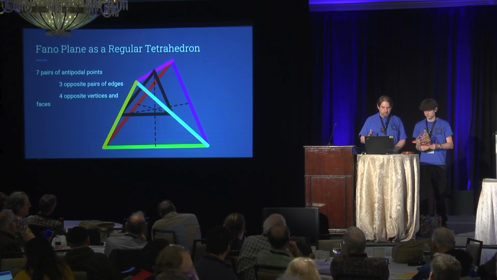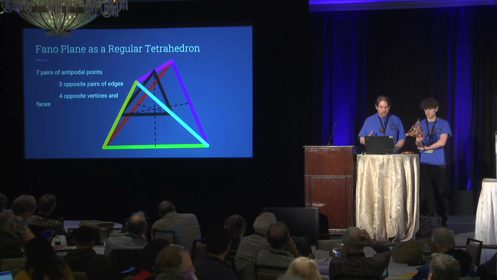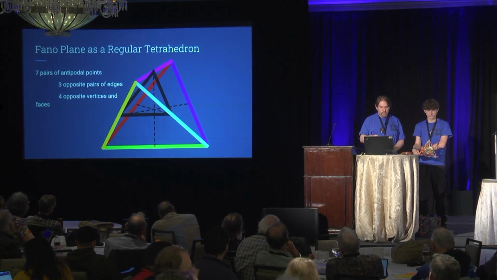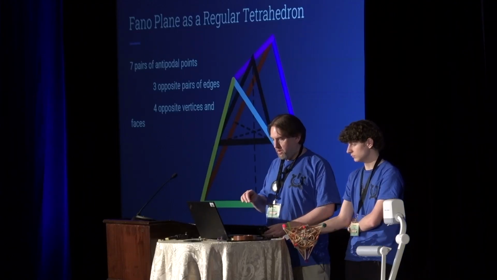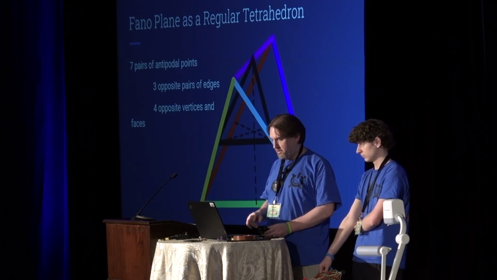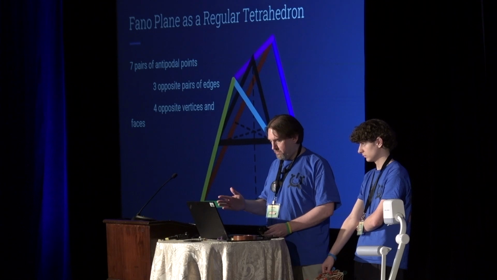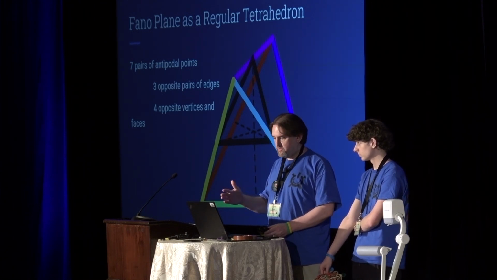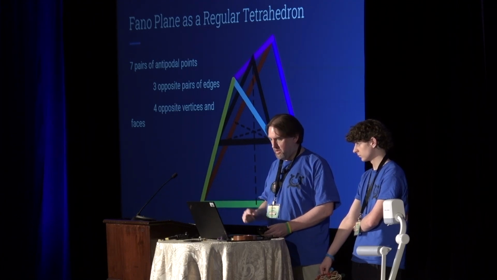We have 7 pairs of antipodal points: 3 opposite pairs of edges, which are denoted with the dotted lines, and then 4 opposite vertices and faces. And they're in 7 lines. So the lines of the tetrahedron correspond to the lines in the Fano plane.